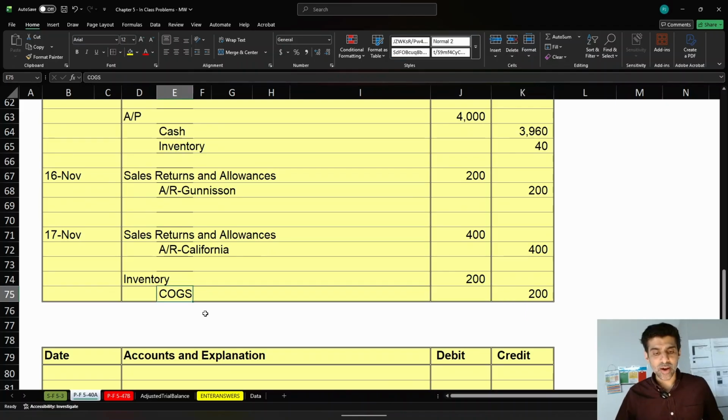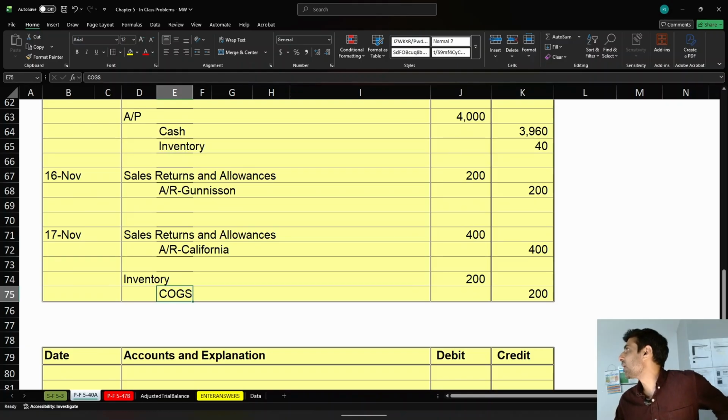Again, there's no contra account for cost of goods sold. We're just going to directly do a weird thing and credit an expense account. This system is not always super consistent.